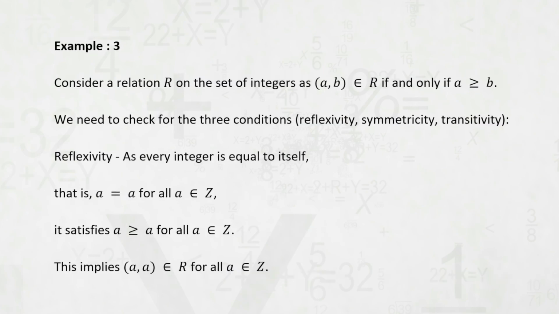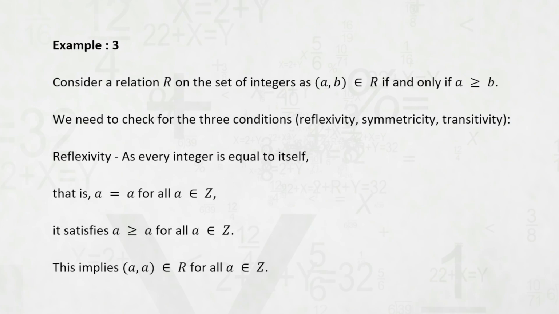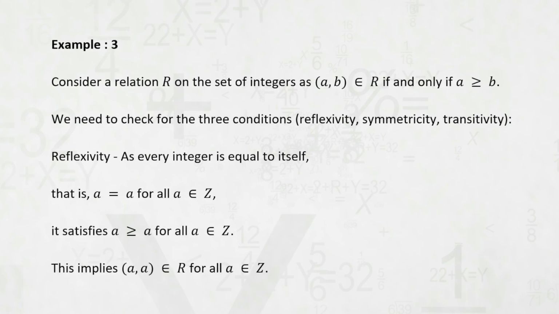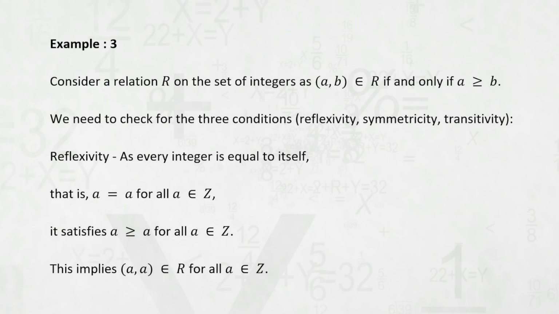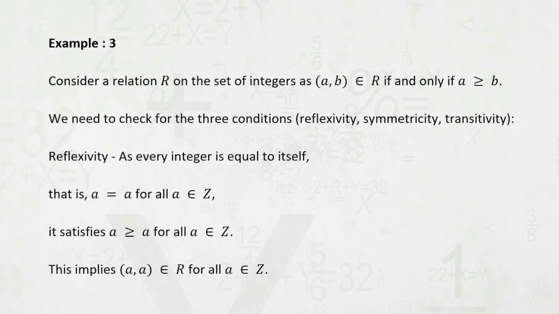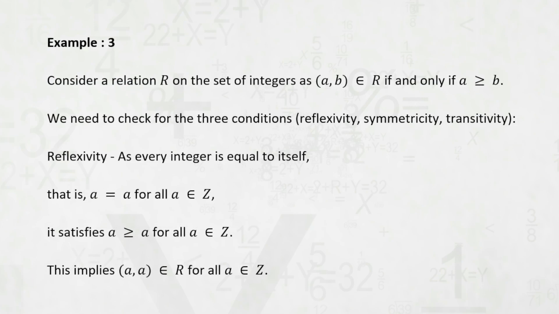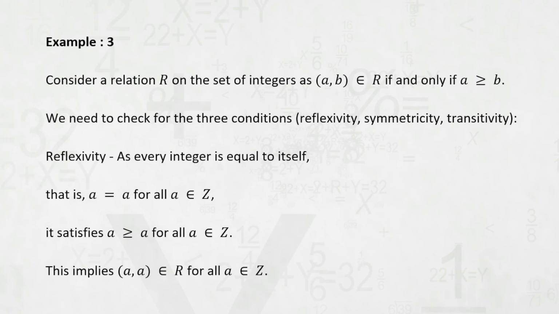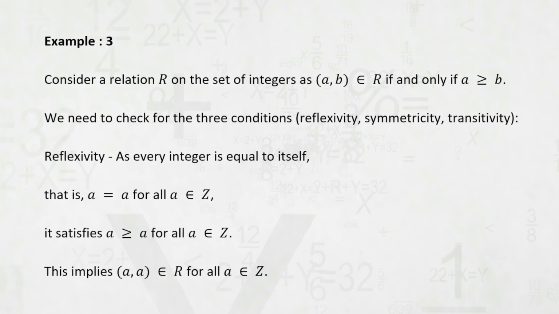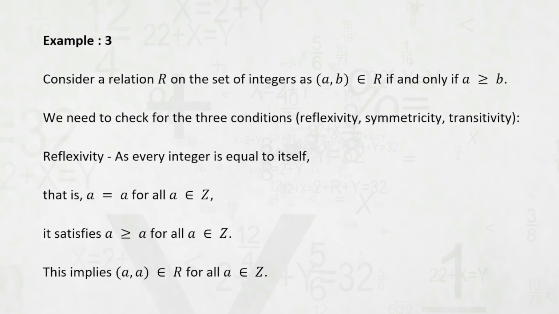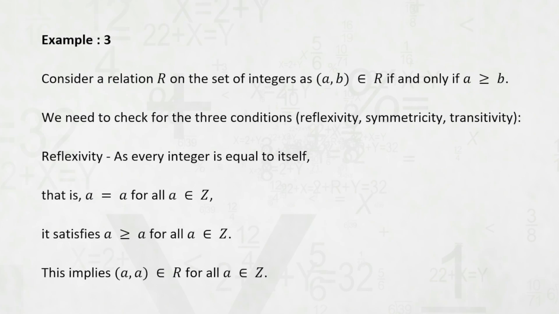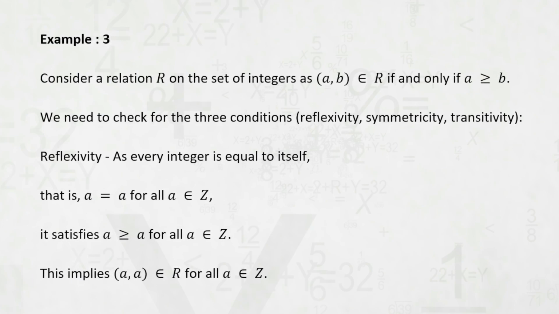Another example, consider a relation R on the set of integers as the set of ordered pairs (a, b) belonging to R if and only if a is greater than or equal to b. We need to check for the three conditions, namely reflexivity, symmetricity and transitivity.